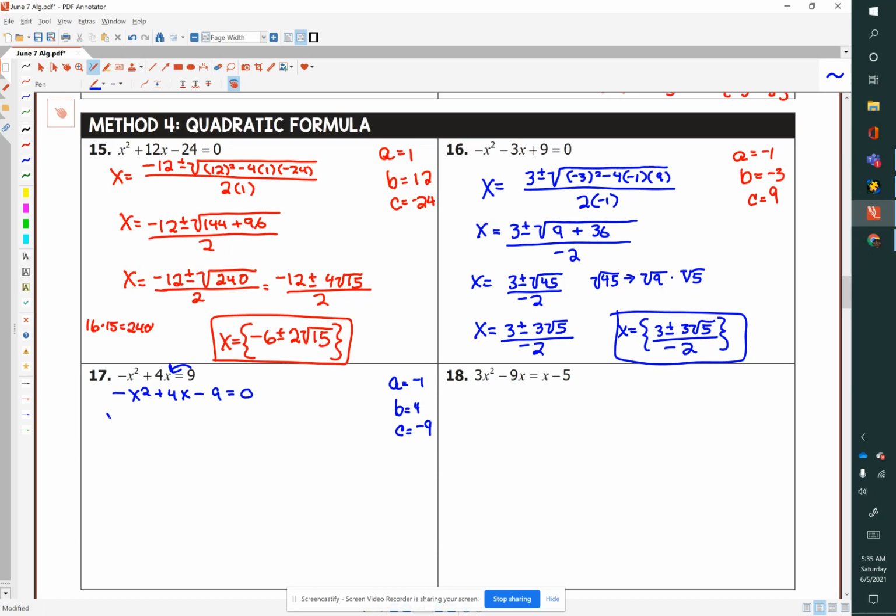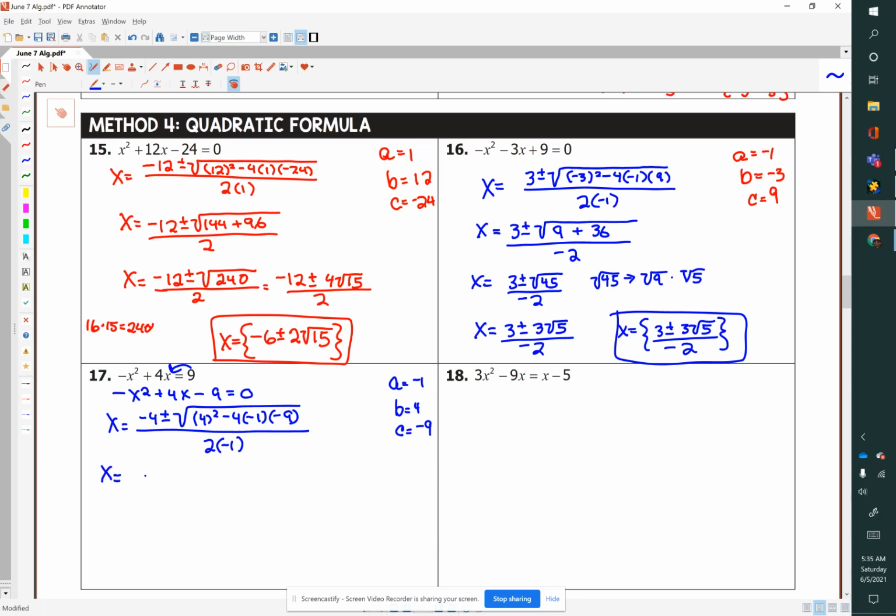So x equals -4 plus or minus the square root of 4 squared minus 4 times -1 times -9, and all of that over 2 times -1.